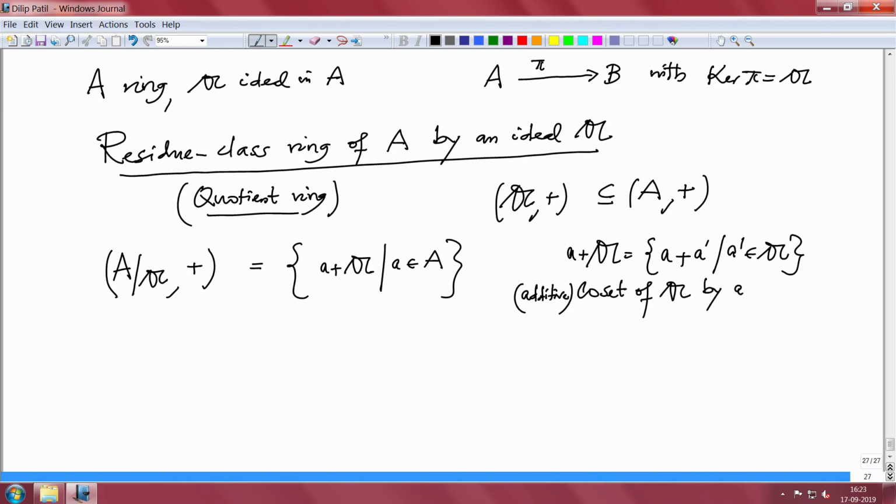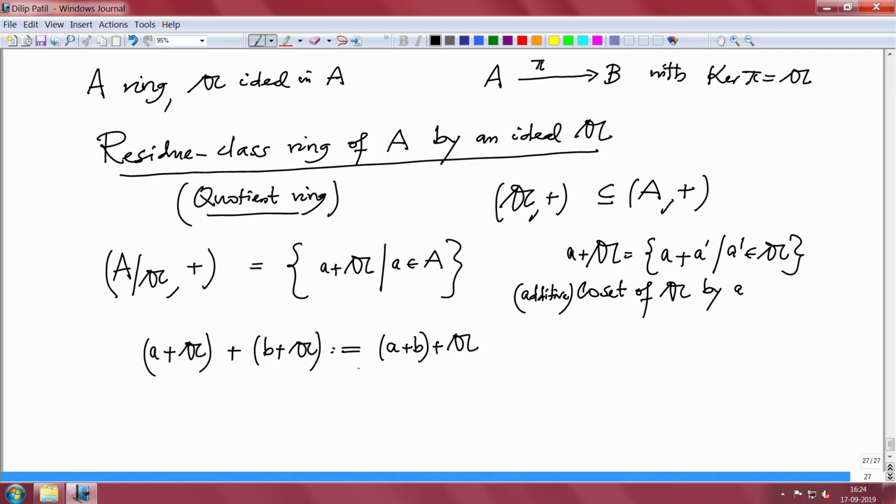And you know then how do we define a group structure here? We have a + 𝔞, that is one coset, another coset b + 𝔞, then you define this as the coset of 𝔞 by the sum a + b.